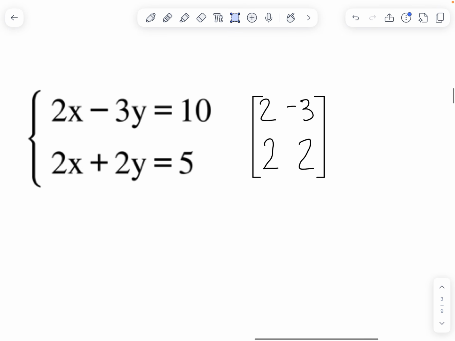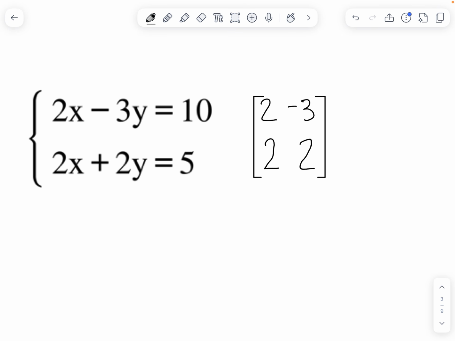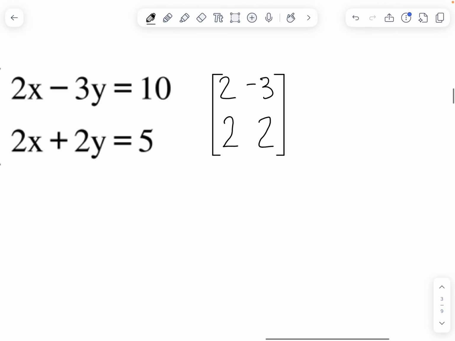And now we have to find the inverse of this matrix. First we need to find the determinant. That's just 4 plus 6 equals 10. So it's 1 over 10.